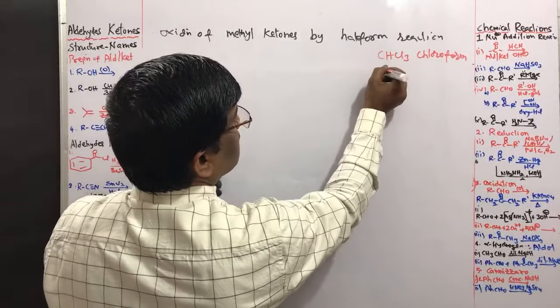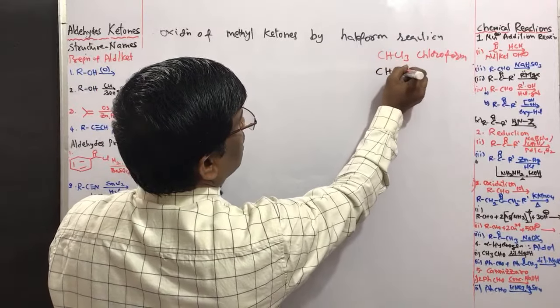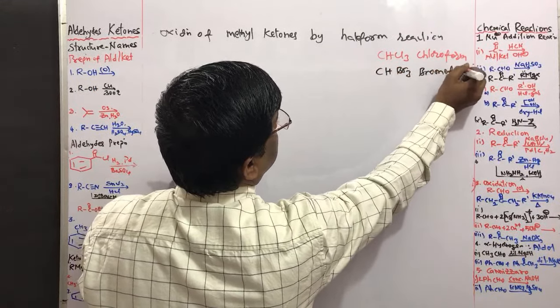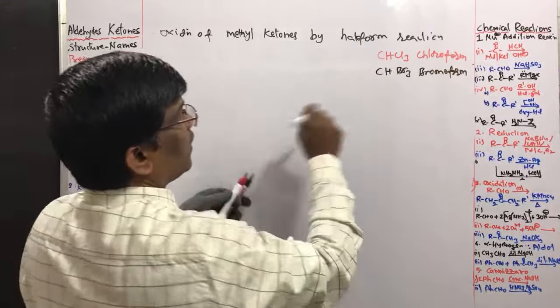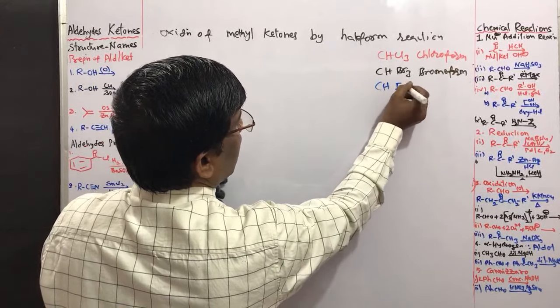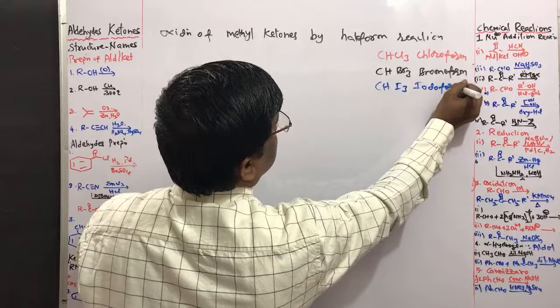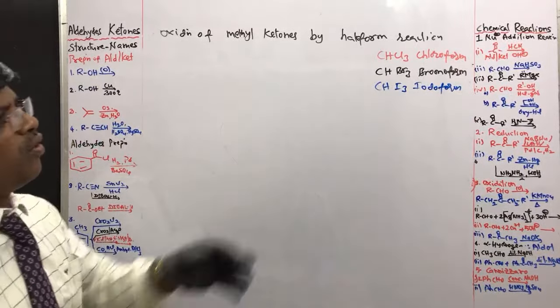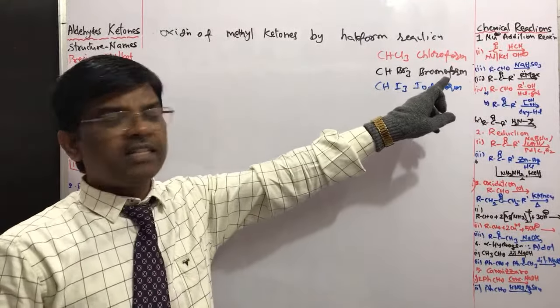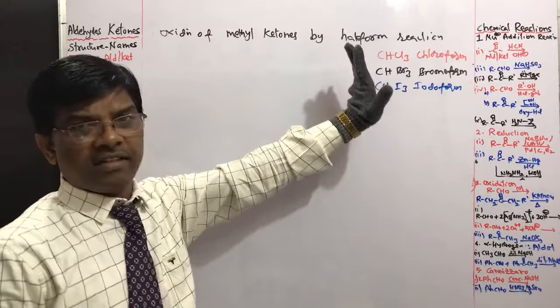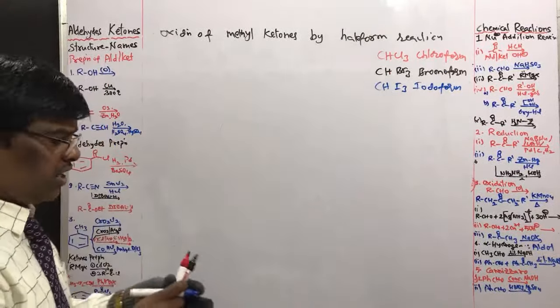And if it is CHBr3, bromoform. If it is CHI3, iodoform. So you may be asked the chloroform test, iodoform test, bromoform test. So in general, haloform test, haloform reaction.